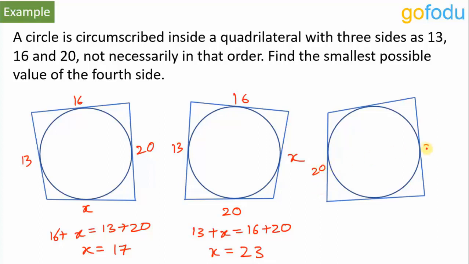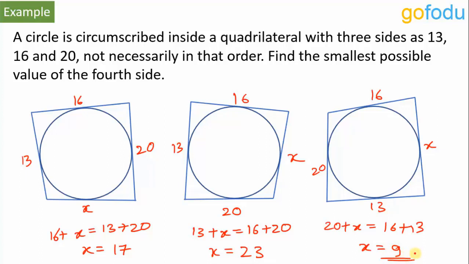Opposite to 20 I can put x and then 16 and 13 opposite to each other. So here 20 plus x will be equal to 16 plus 13. x will come out to be 9.